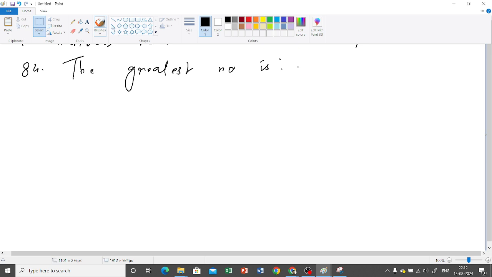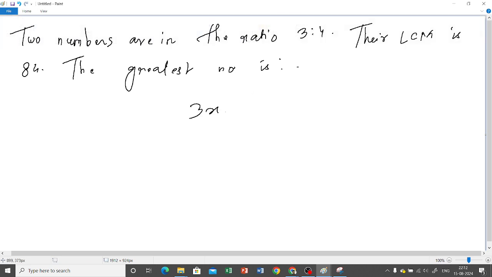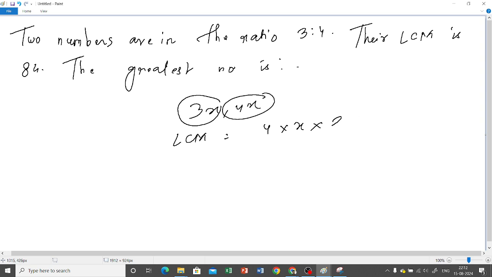So what are the numbers we have? 3x, 4x. What will be the LCM? How do we find out the LCM? 4x is the biggest number, take 4x, right? Now in this there is another factor, so first of all we need to take 3.